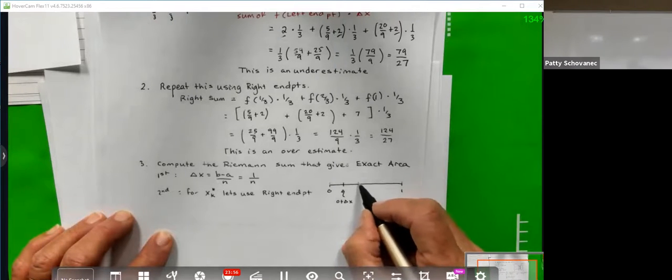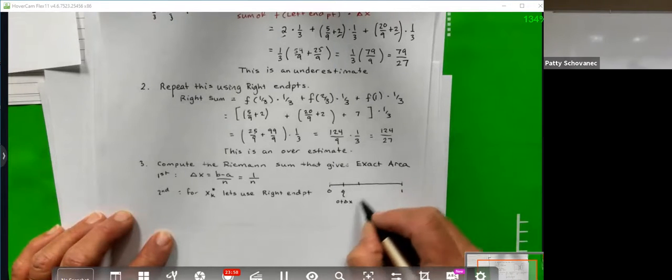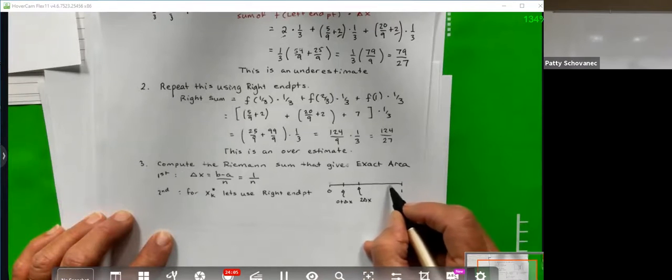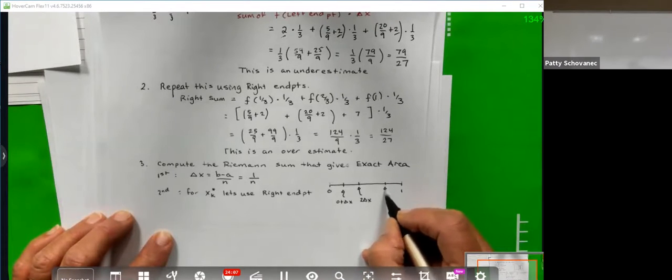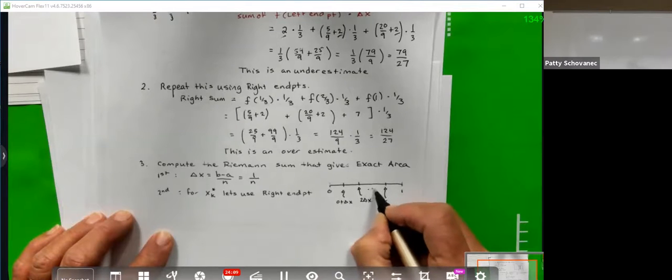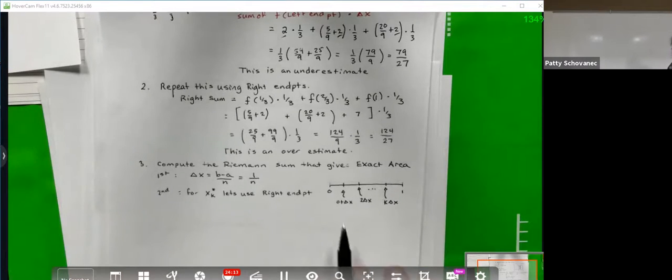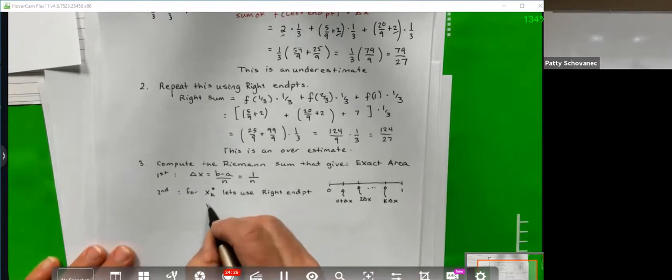To get to the next right endpoint, I add another delta x to this number. So that's going to be 2 times delta x. And then the next one's 3 times delta x until I get up to the kth one. And that would be k times delta x. So I keep adding delta x a certain number of times to the left endpoint. Since my left endpoint was 0, I'm just adding k multiples of delta x. So my xk star is k times delta x.